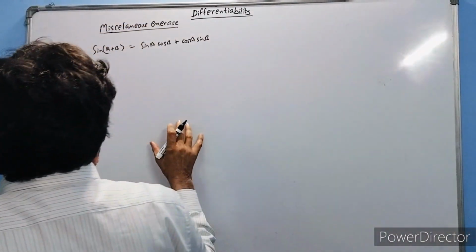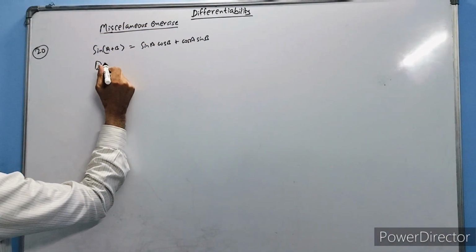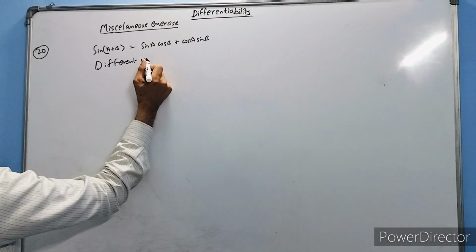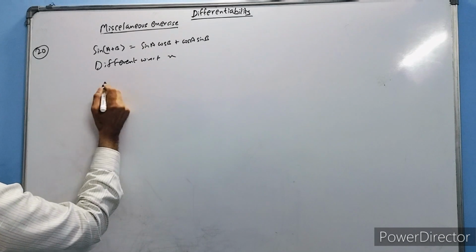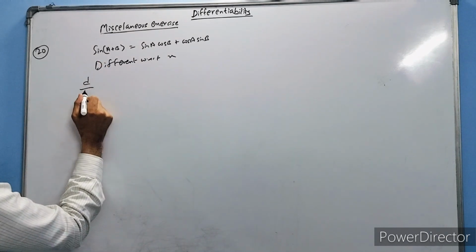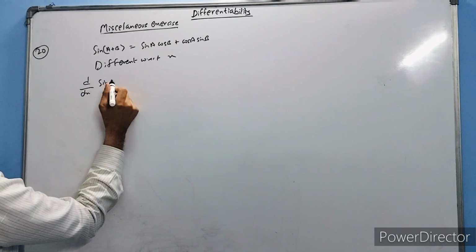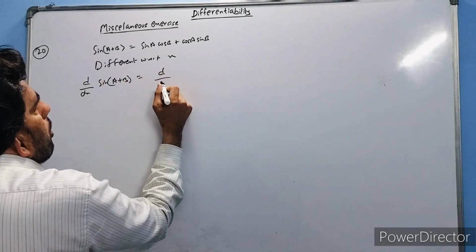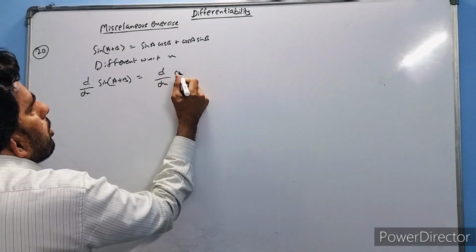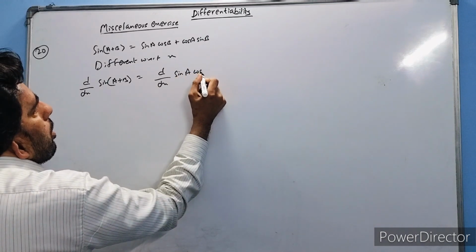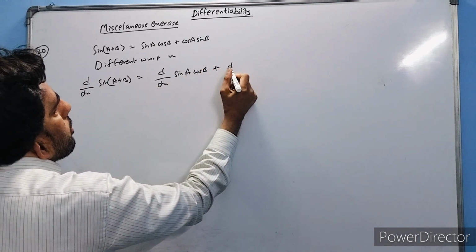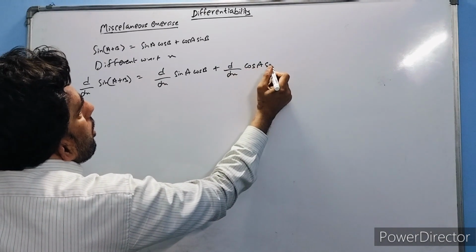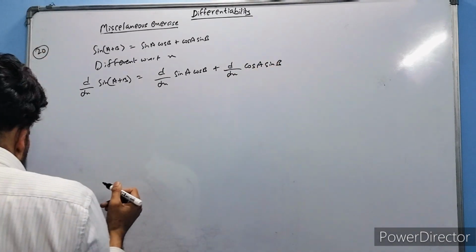Let us differentiate both sides with respect to x. So we will solve d by dx of sin(A+B) is equal to d by dx of sin A cos B plus d by dx of cos A sin B.